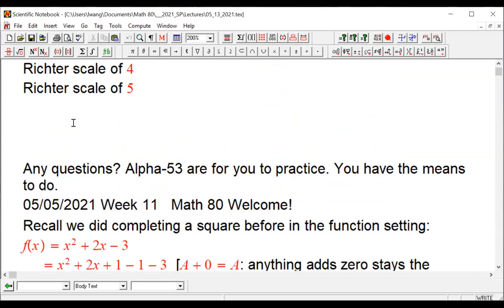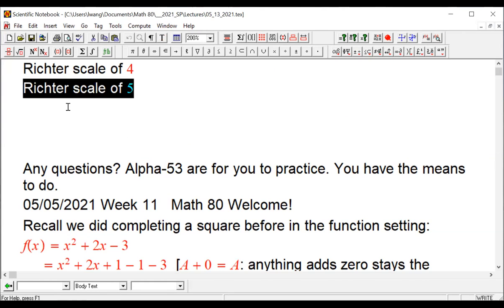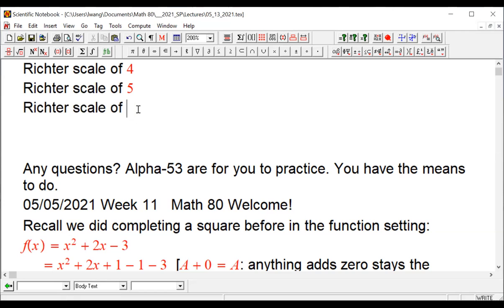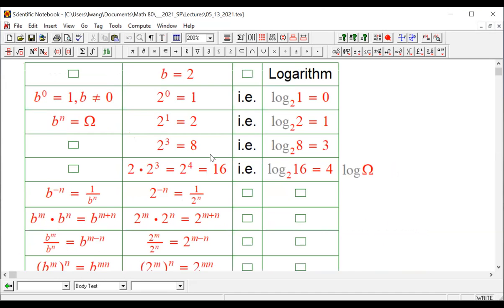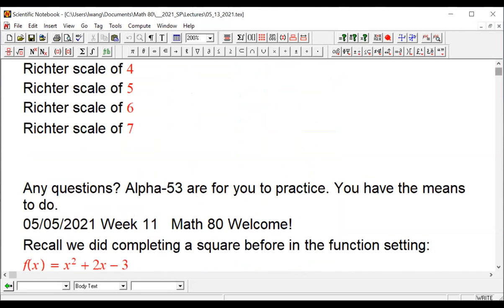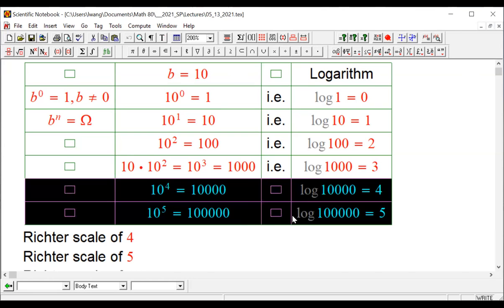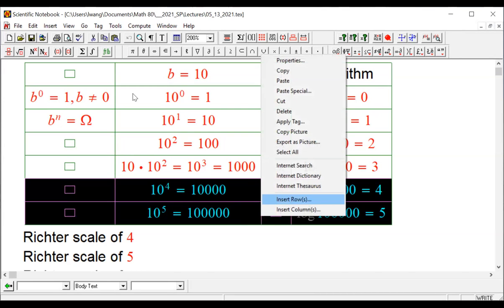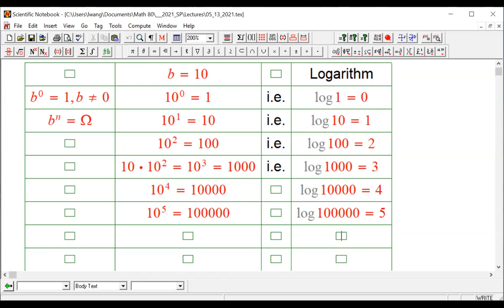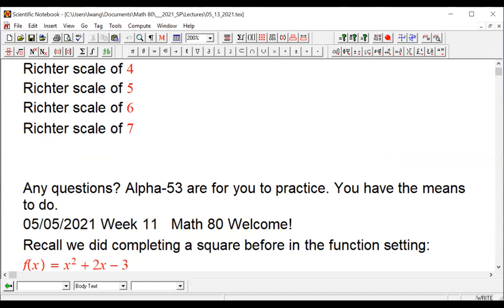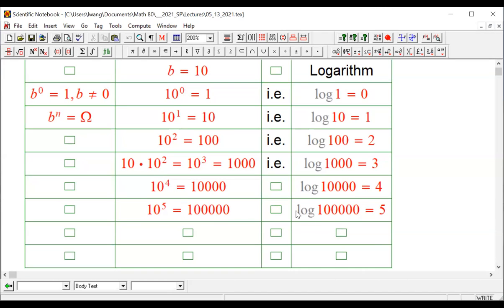All right. So now let's look at this. Okay, Richter scale of 6. I don't know how strong an earthquake you have experienced. Okay, let's work on this. We have 5, 6, 7, right? So we're going to do 6 and 7. A Richter scale of 6, that's 10 to the power 6.